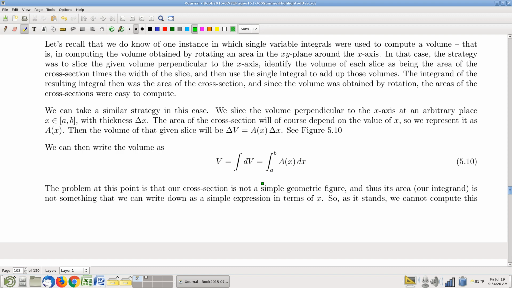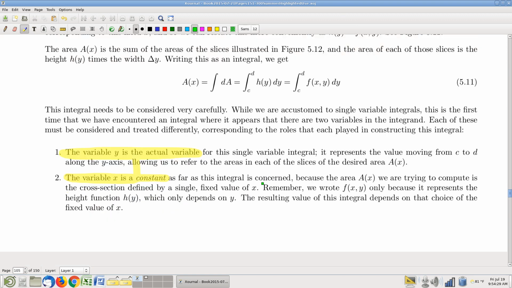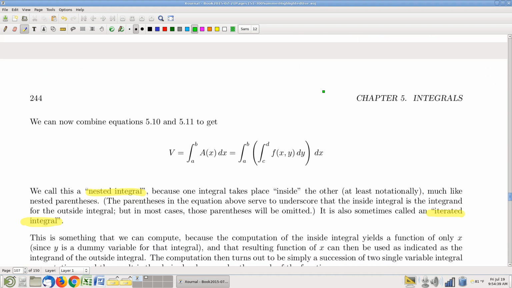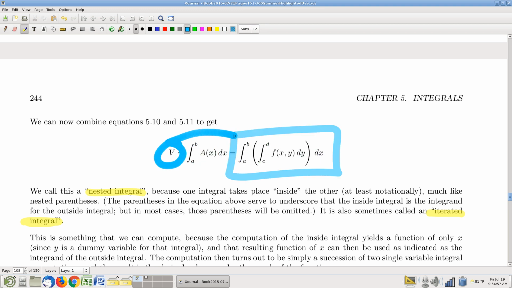That cross-sectional area is itself a y integral of f, and putting that integral inside of that integral all together, here's area as the y integral from C to D. Here's volume as the x integral of that cross-sectional area. And we have here a formula then for how to compute that volume. So this is the second computation of volume that I was talking about at the beginning of this section.